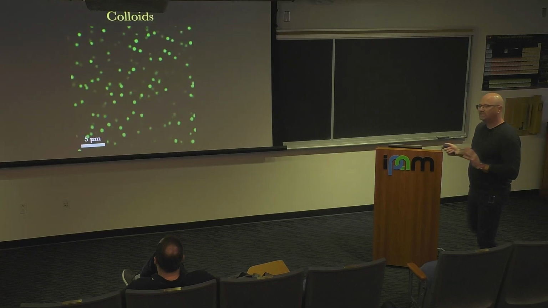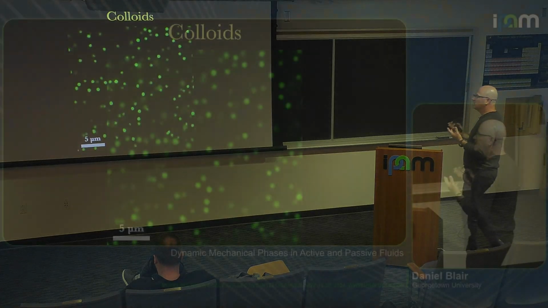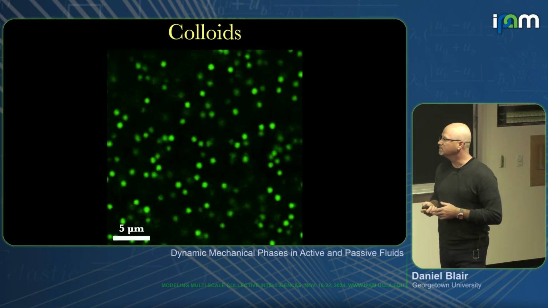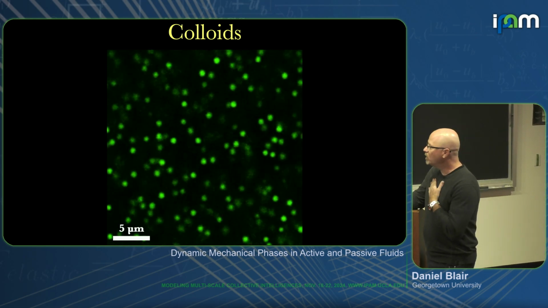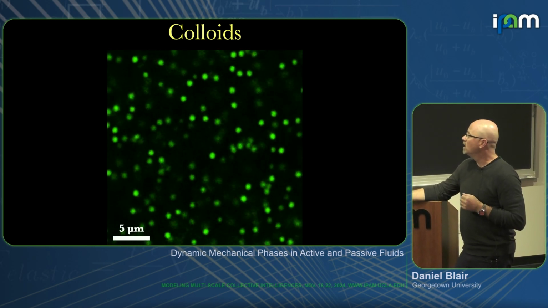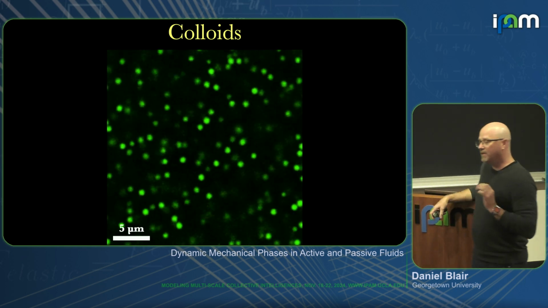Okay, so what's going on? What's responsible for this? It turns out the mechanisms happen at lots of different kinds of scales and with lots of different kinds of materials. But the one material that we're most interested in that does this, the thing that was responsible for that image or that movie, are these little particles called colloids. And colloids, they're all around us.